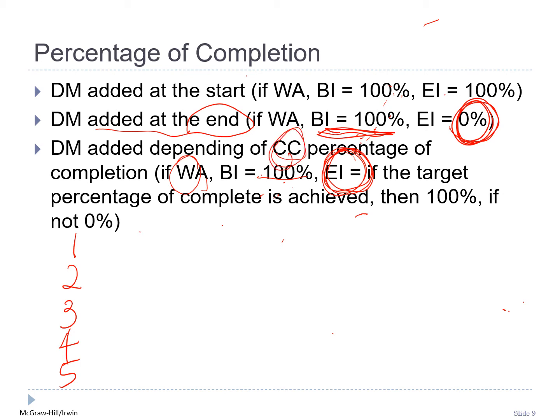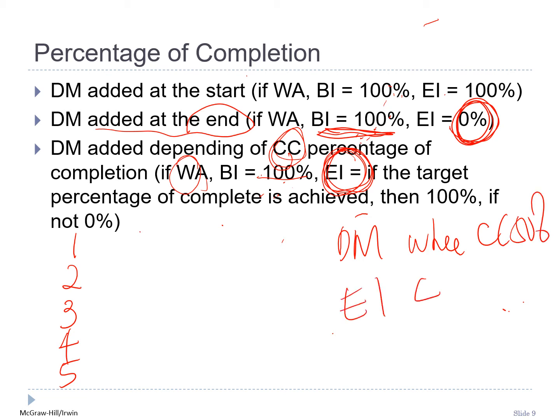An example niyan, sabi niya, halimbawa, yung direct materials added when conversion cost is 50%. So, kung ang ending inventory mo, meron lang 40% percentage of completion, so, ang magiging direct materials mo, 0. Kasi di siya umabot ng criteria na 50%.